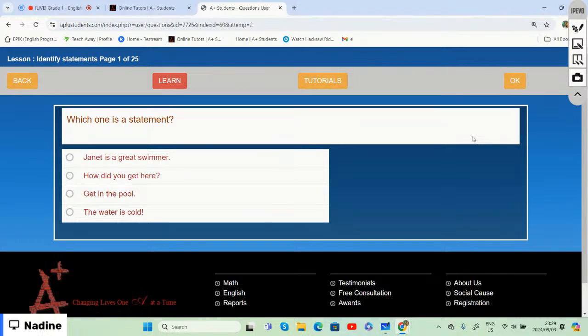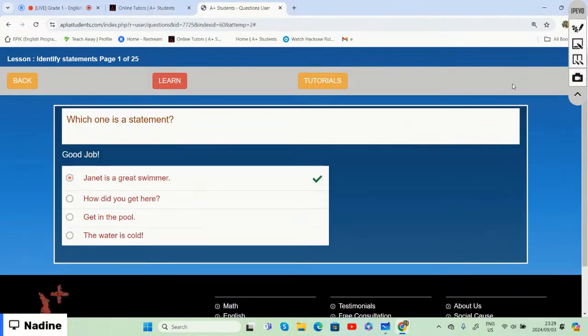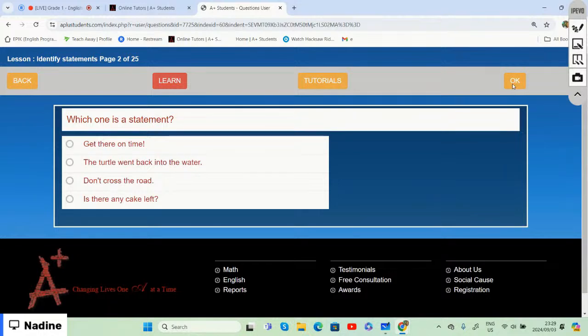Which one is a statement? You remember, you're just telling someone something, and then we will say option one, Janet is a great swimmer. All right, and that is correct.